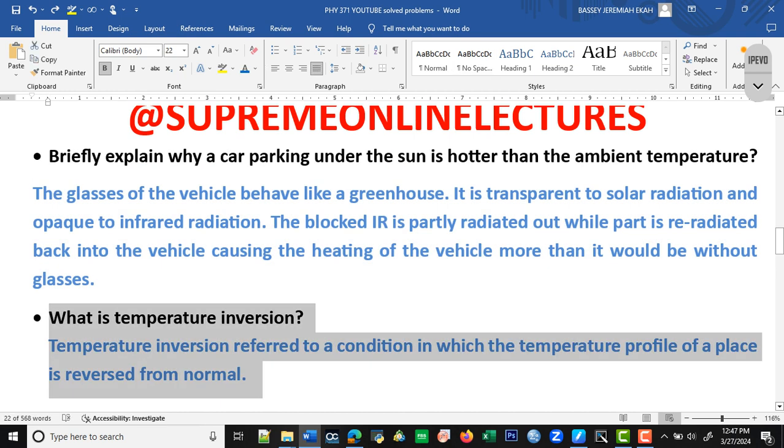This one says, what is temperature inversion? Solution: temperature inversion refers to a condition in which the temperature profile of a place is reversed from normal. Before now, we used to say that the higher you go in altitude, the cooler it becomes.